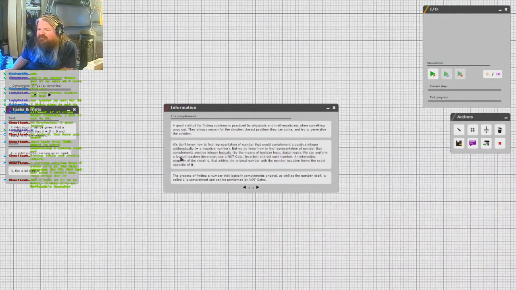We can perform a logical negation using a NOT gate, or an inverter, and get such a number. An interesting property of the result is that adding the original number with its negation forms the exact opposite of 0.